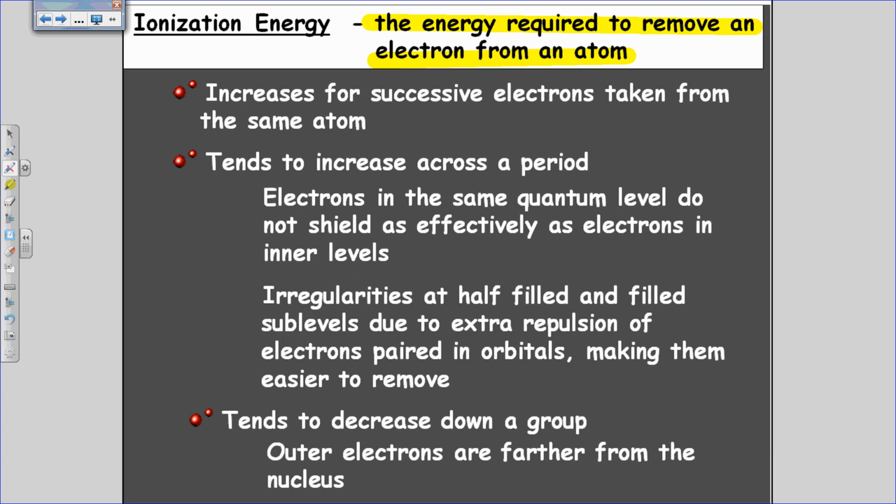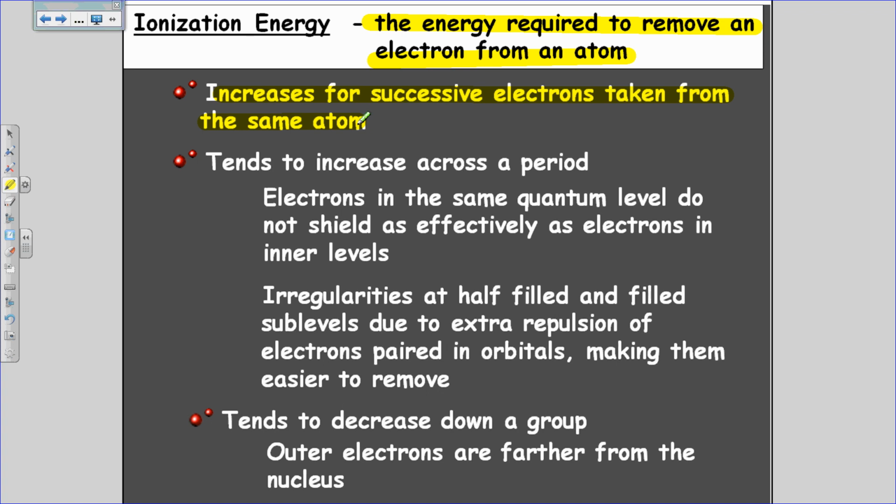So, what's the trend? There are a few hiccups in this trend, but the overall trend is that if you have successive electrons taken from the same atom, so you're not looking at the periodic table but taking the same element, each time you remove an electron from an element, the ionization energy increases.